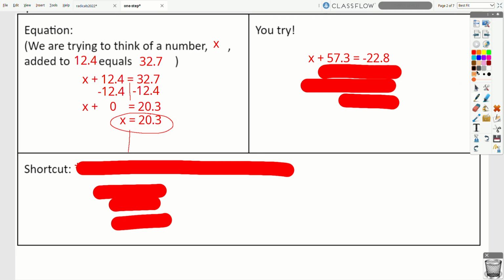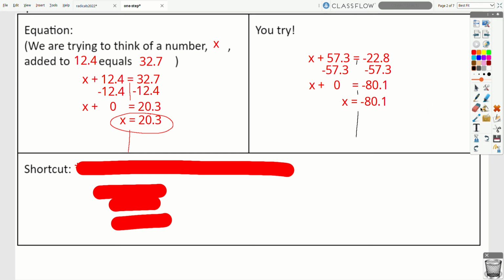So we can draw a line down the middle of the equal sign, and remember to subtract 57.3 from both sides. 57.3 minus 57.3 is 0, so we bring down the x plus 0, and then negative 22.8 subtract 57.3, put that in the calculator, and that gives us negative 80.1. x plus 0 is the same as just x, so our solution, the number we're looking for, is negative 80.1.